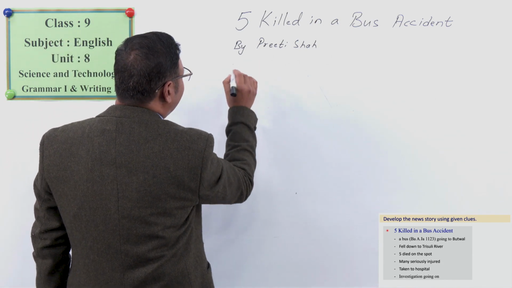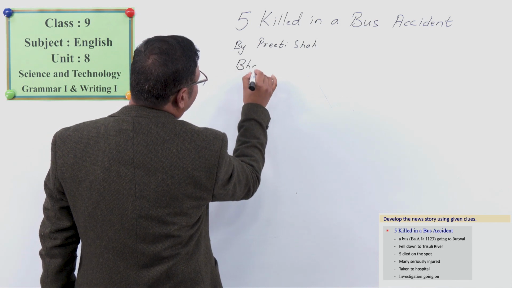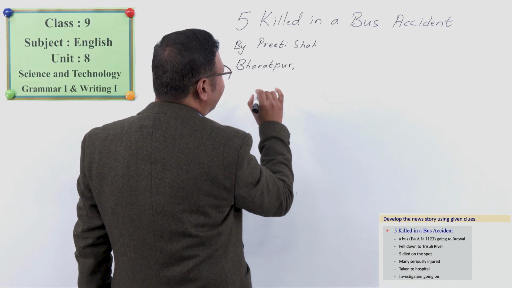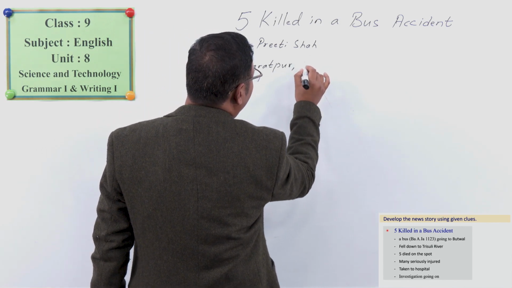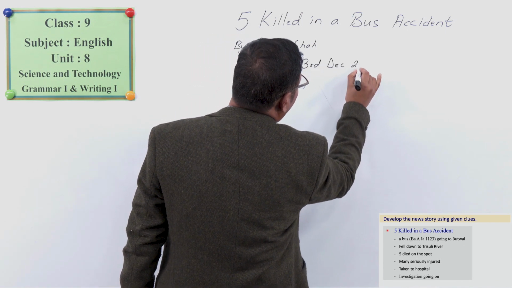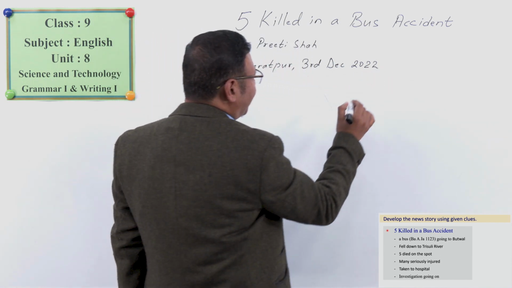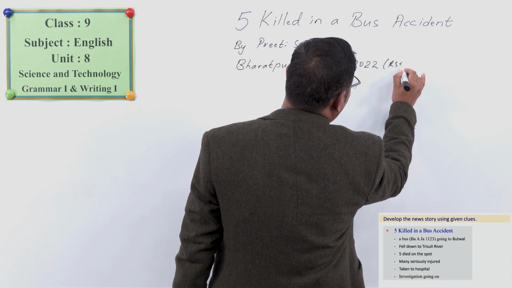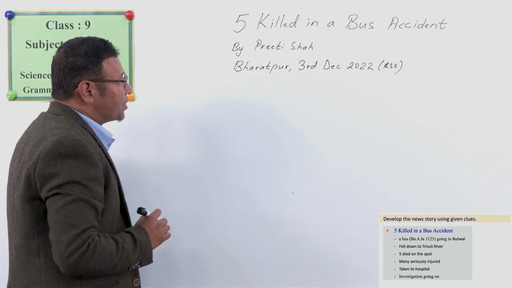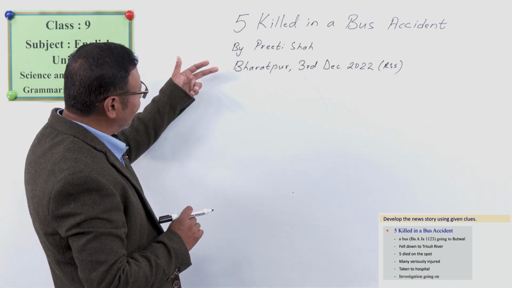So let's say she reported this story from Bharatpur, and she reported this on, let's say, 3rd December 2022. All right. So she reported for RSS, Rashtriya Samachar Samvaddaata. We use like this also. All right. Now we have completed the headline, byline, and the place and date.